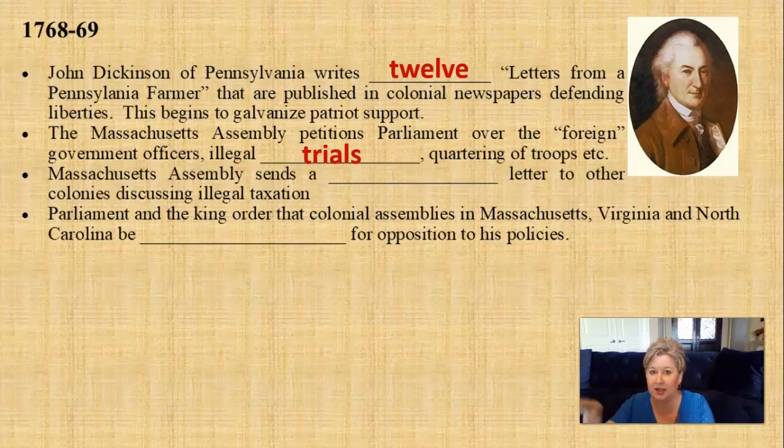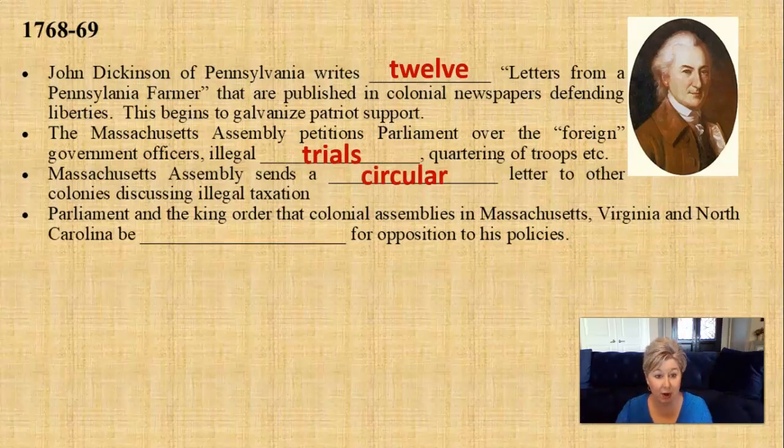So they write it, they send it to Delaware, they ask them to comment on it, and then forward it on to other colonies. So that at the leadership level, we're accomplishing kind of the same thing that John Dickinson is accomplishing through his writings in the newspaper. We want to be talking about these things and coming to a unified front on how we feel about these issues and how to appropriately and productively petition Parliament and the king.